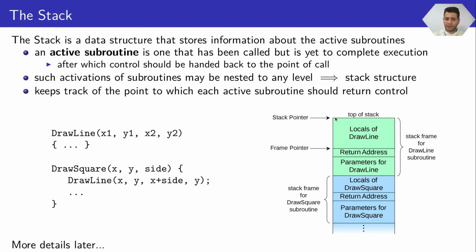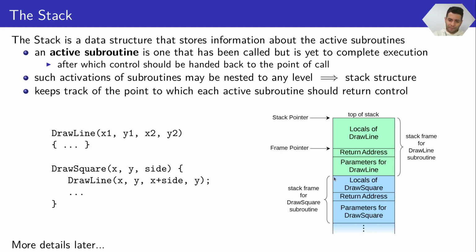The stack pointer is always pointing at the top of the stack. Instead, the frame pointer is an address in memory that is used as a pointer. After the frame pointer, we have the local variables, and before it, we have first the return address and then the parameters of the function.